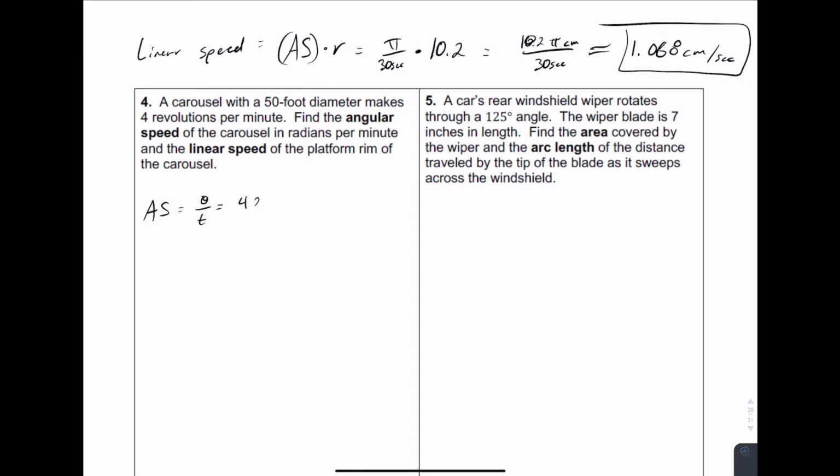So that's 4 times 2 pi, because that's a full revolution, over 1 minute, because they told us that. So that is about 8 pi per minute. Okay, which is approximately, if you use your calculator, 25.132 radians per minute.